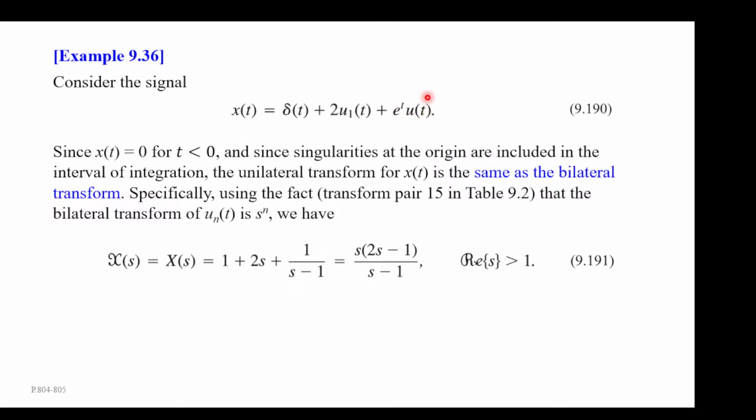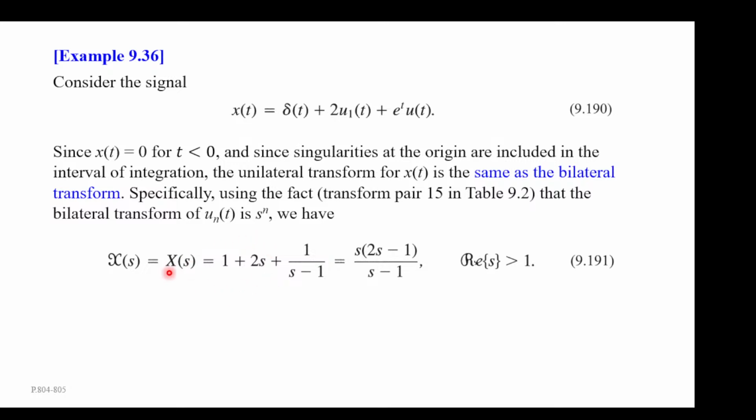Once again the unilateral Laplace transform should be the same as the bilateral transform. Then we just use the table for the bilateral Laplace transform. The transforms of delta of t and u1 of t are very easy: delta of t transforms to 1, and u1 of t transforms to s.